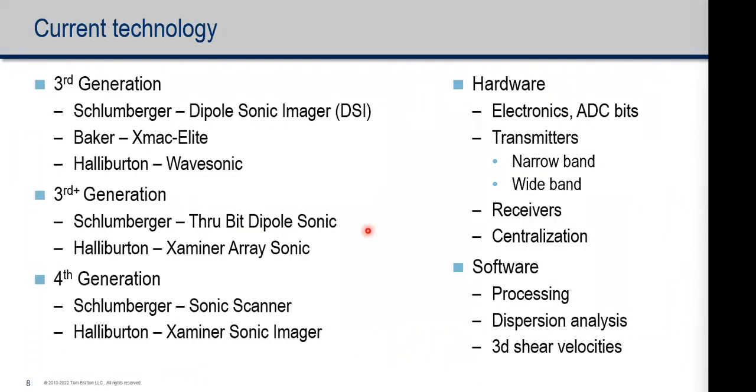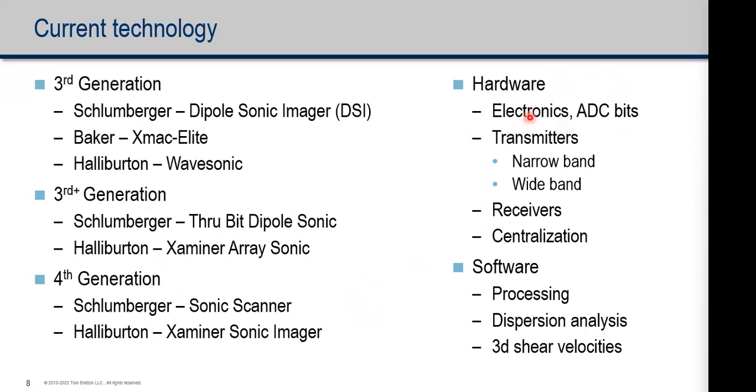So what have been the differences? Well, the third generation tools are identified here. I call these third with a plus sign. They're not really fourth generation tools, but they're often better than third generation. And then you've got the fourth generation tools.